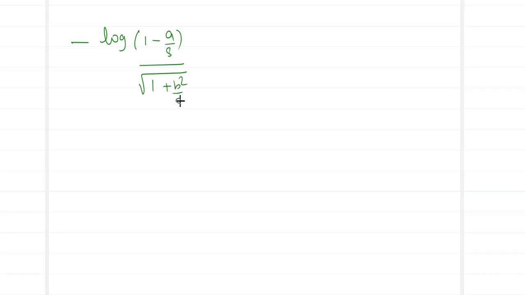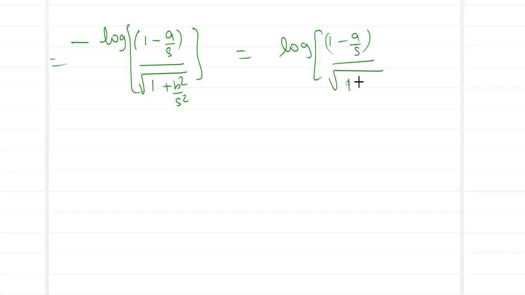So what happens over here is minus log of, what you have is 1 minus a by s divided by root over 1 plus b square by s square. I take it to the numerator of it. So this becomes log of 1 minus a by s divided by root over 1 plus b square by s square whole power minus 1.